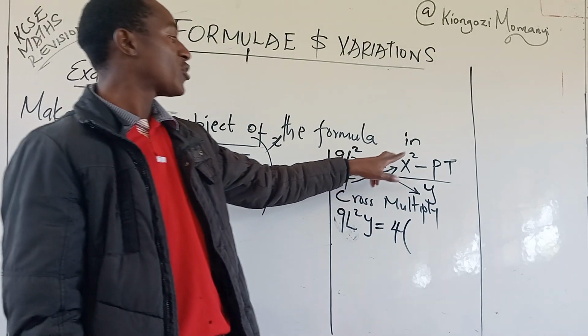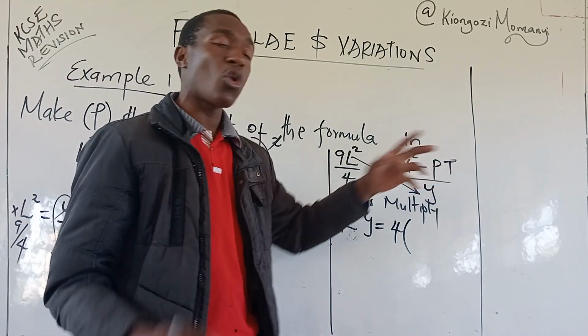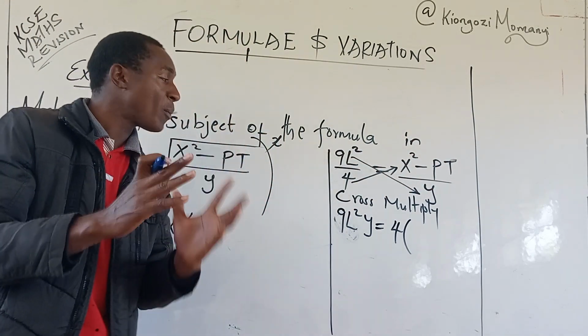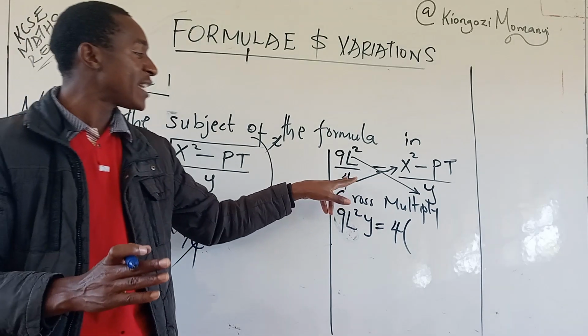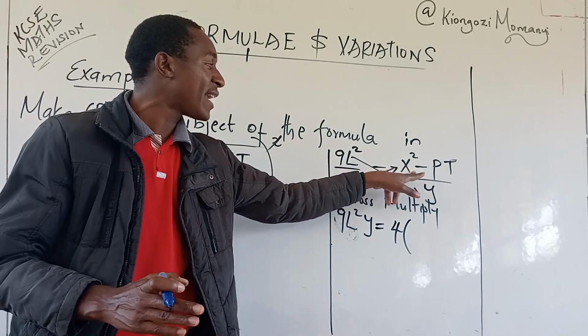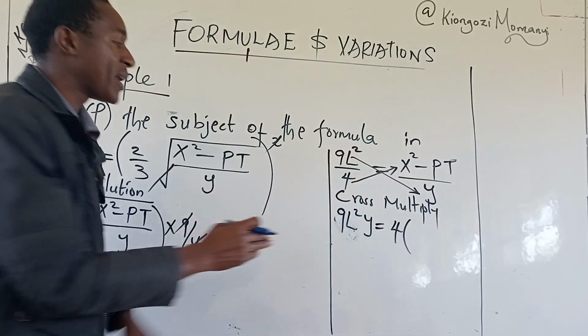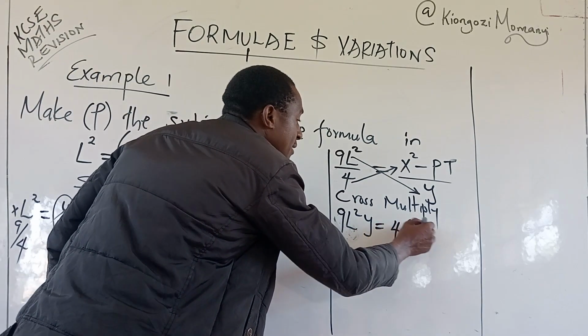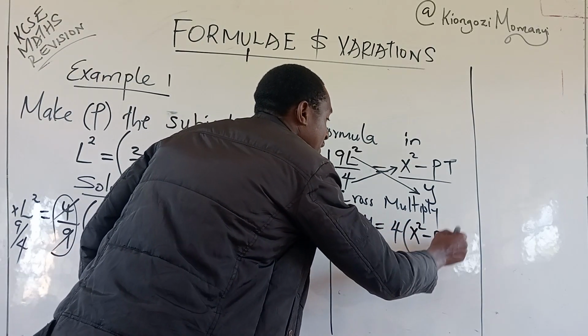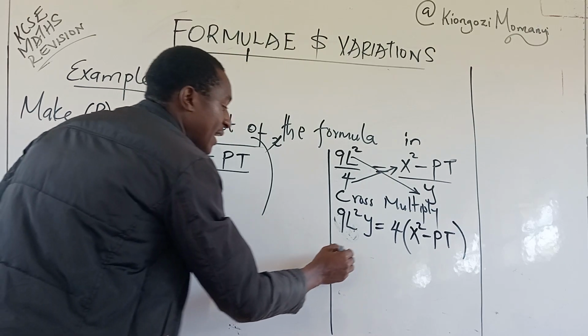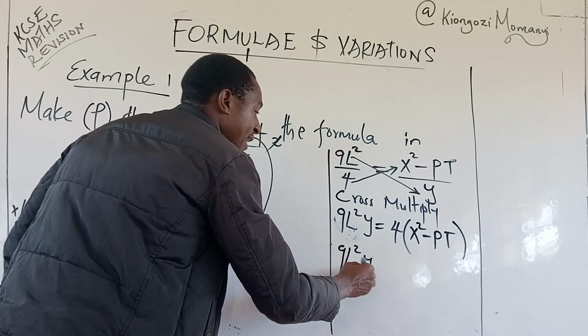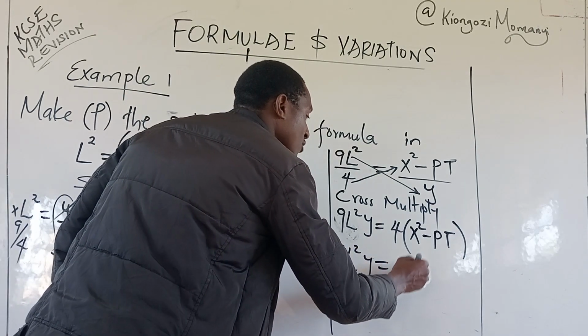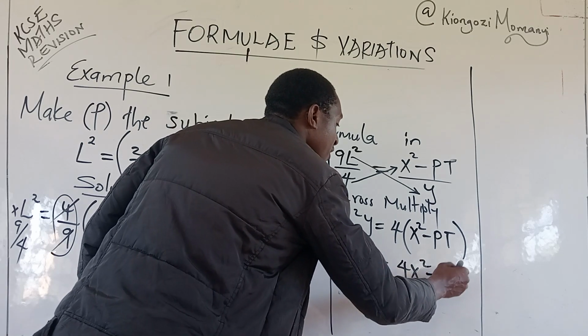Because this 4 will be multiplied by 2 factors, ensure you open the bracket. If you don't open the brackets, you will be tempted to multiply 4 times x squared and forget the other. So it's good to open the bracket, x squared minus pt. Then you expand, of course: 9L squared y is equal to 4x squared minus 4pt.